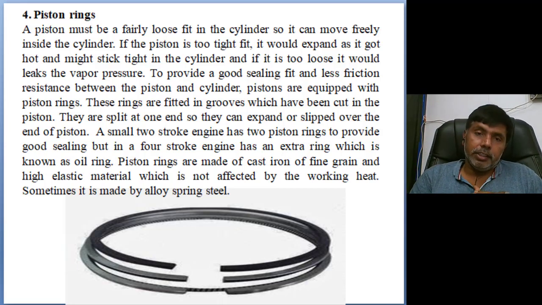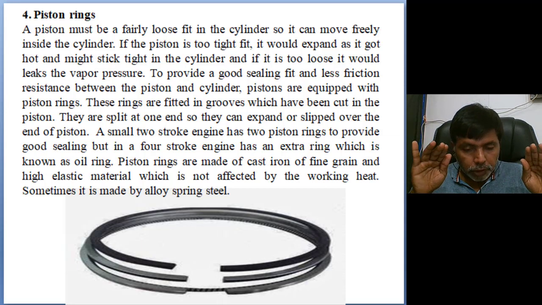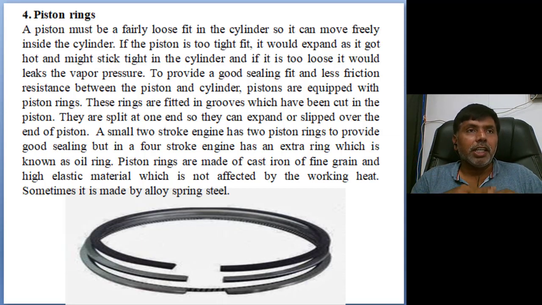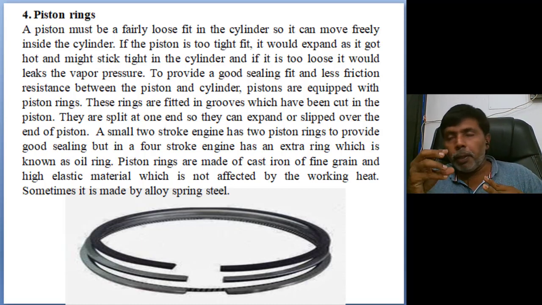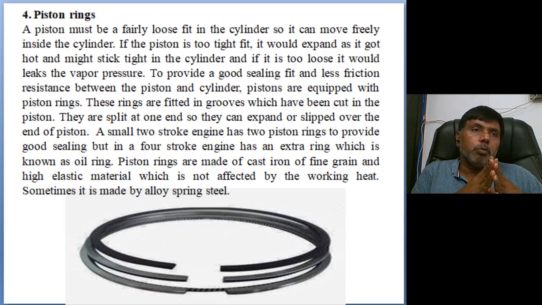Second, oil rings. In large capacity engines we use oil rings. What does the oil ring do? By splash lubrication or pressurized lubrication, we spray oil upon the cylinder wall, and the oil ring cleans the oil off the cylinder bore. If it is not cleaned, this lubricant also takes part in the combustion process, and unwanted hydrocarbons and black smoke will come from the silencer.